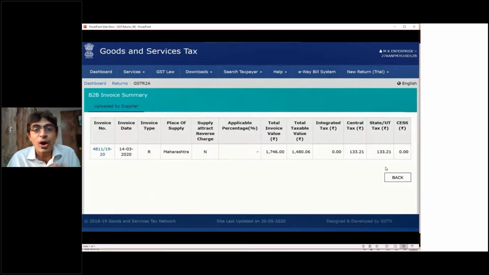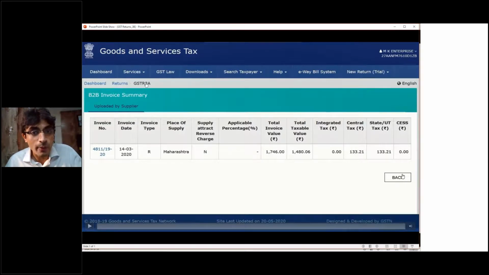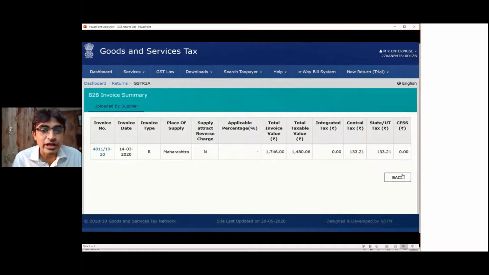The entire invoice got auto-populated. Understood? So the supplier files GSTR1, and details get auto-populated in the buyer's GSTR2A. Unless it is there in your 2A, don't take ITC. There is some Rule 36 which I will explain. Some 10-20% is allowed. I will explain.